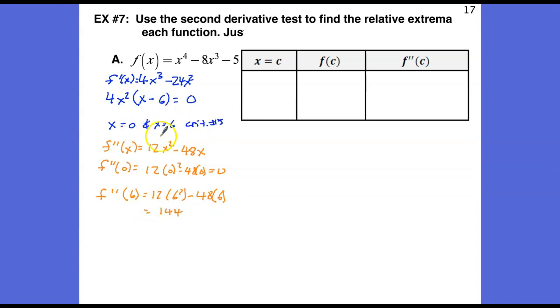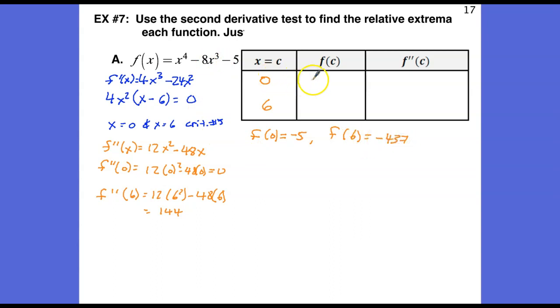All right, now let's find out what the corresponding y value is for the critical values. So our two critical values are 0 and 6. And f of 0 is -5. f of 6 is, substituting in and calculating it, we get -437.